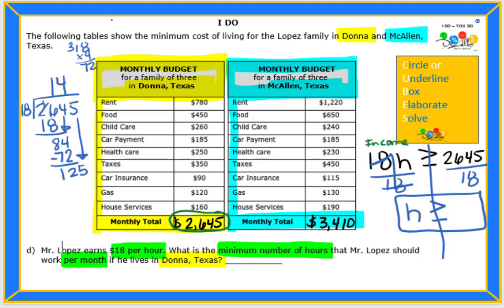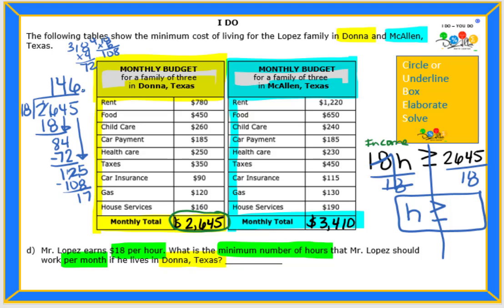So 18 times what could be 125? Looks like that might be 6. So 18 times 6 is 48. That's 108. And if I subtract, I will get 17 left.